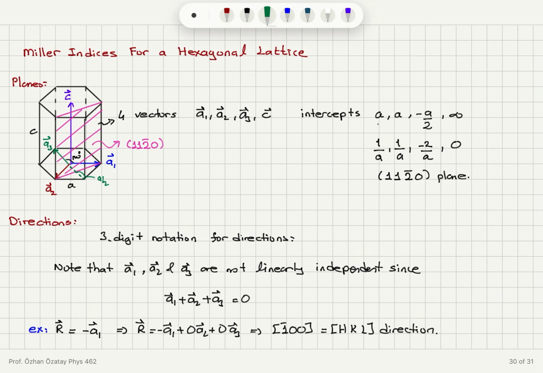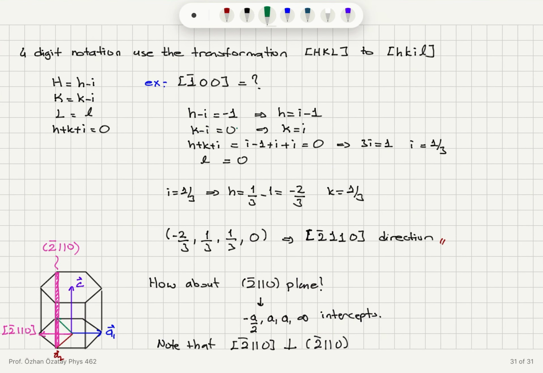How about the 2 bar 1 1 0 plane? So where is the 2 bar 1 1 0 plane? Well, that has to intercept the A1 axis, the axis that contains the A1 vector, at minus A over 2, the one that contains the A2 vector at A, the A3 vector at A, and the C axis at infinity.